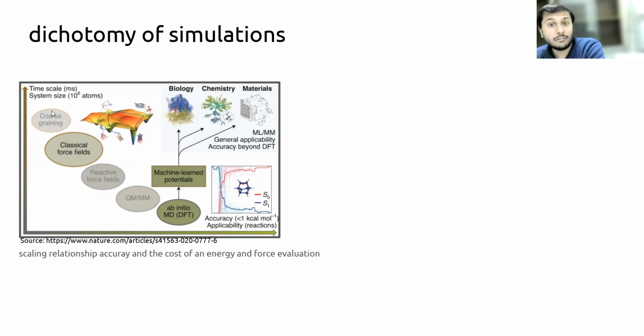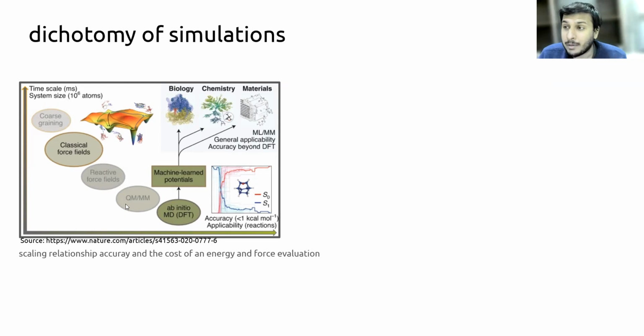Then you have a number of classical force fields, which are based on mostly phenomenological terms, which represent interaction between pairs or triplets or quadruplets of atoms. Then there is another class of models called reactive force fields, which have functional forms which even allow you to break bonds. And this is where we start getting closer to the kind of accuracy that you need to simulate chemistry.